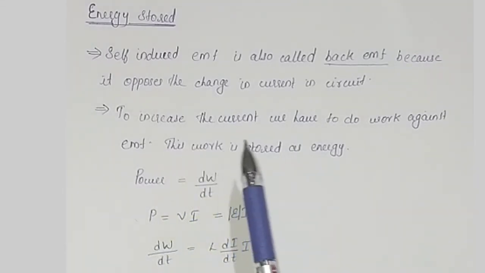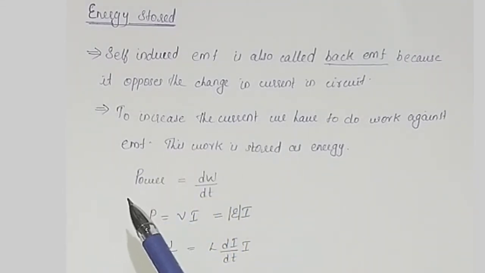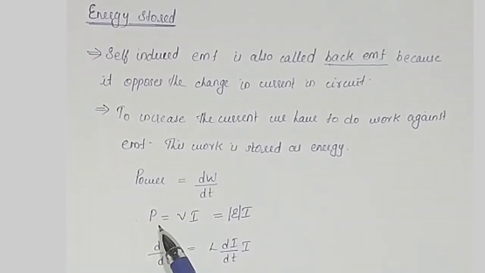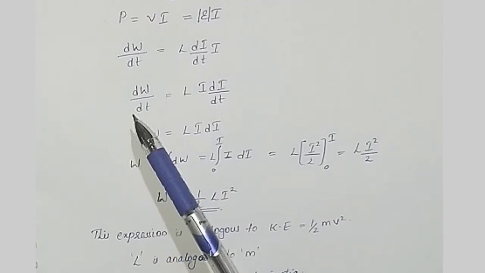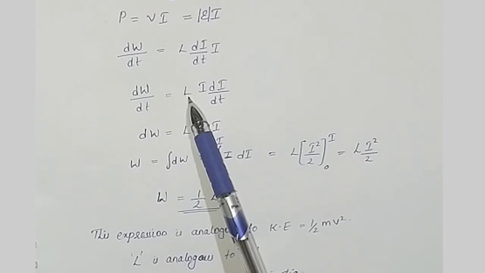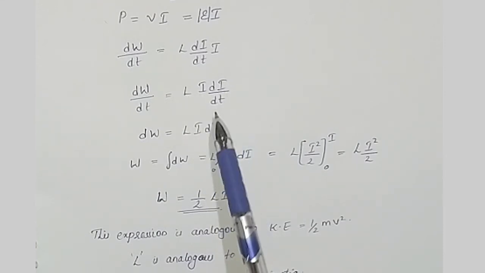Now to obtain the work done against this EMF, we take the expression of power, which is given by dW by dt, and we know that the power expression is given by voltage into current, and here the voltage is the induced EMF, and we take the magnitude of our EMF, and therefore power can be written as magnitude of E into I. As we have already obtained, the EMF of an inductor is given by L dI by dt, and therefore we can write power, which is given by dW by dt, is equal to L into I dI by dt.